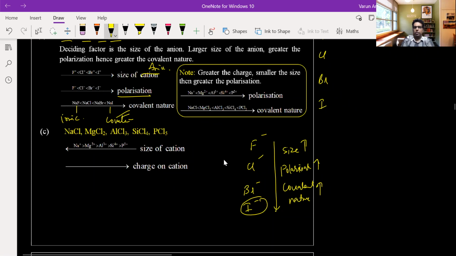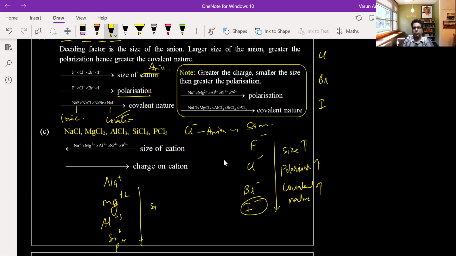Now come to the next example. So here also the anion, chloride, is same. Now sodium, magnesium, then aluminium, silicon, and phosphorus. So down the group, what will happen to the size of the cation? Size of the cation will decrease down the group. Also, sorry, this is not down the group.